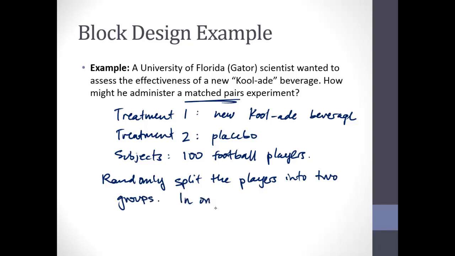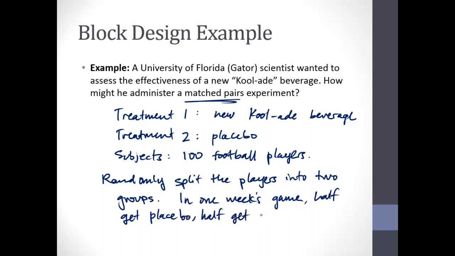In 1 week's game, half the people get the placebo, half get the Kool-Aid, and next week vice versa. So again, I can randomly assign week 1 who gets the placebo, who gets the Kool-Aid, and in the following week I can just keep the same groups and switch those people around.